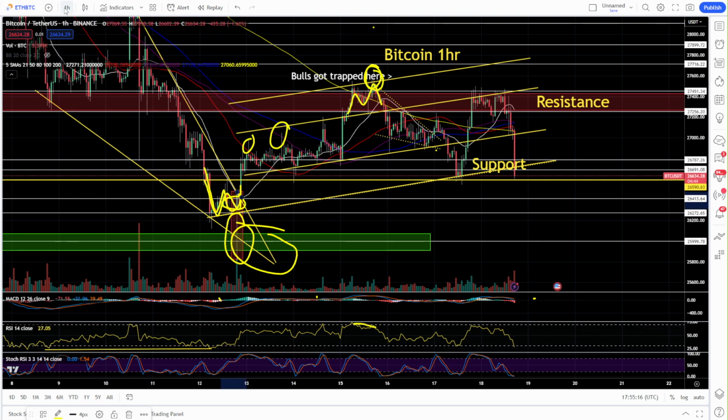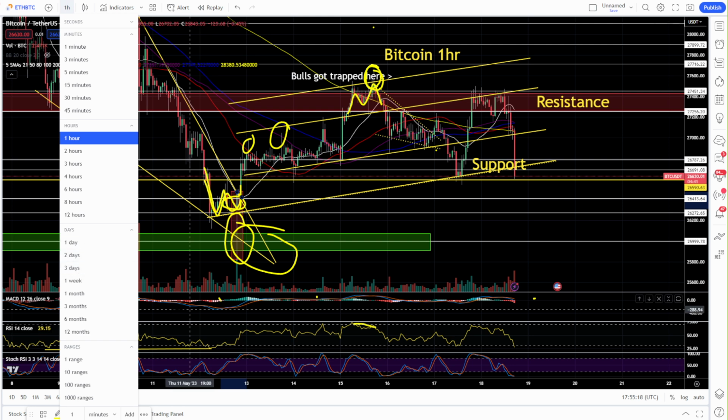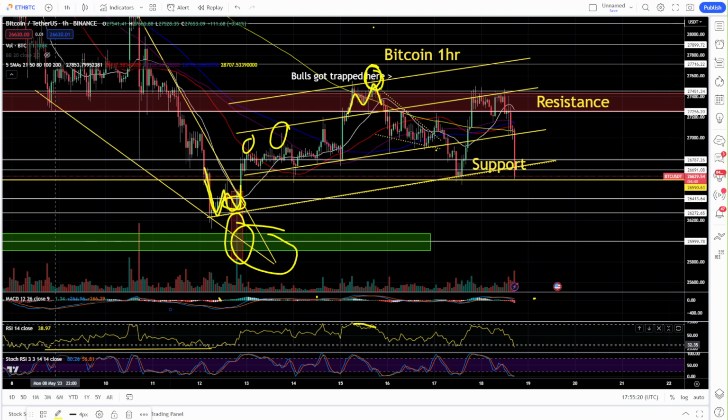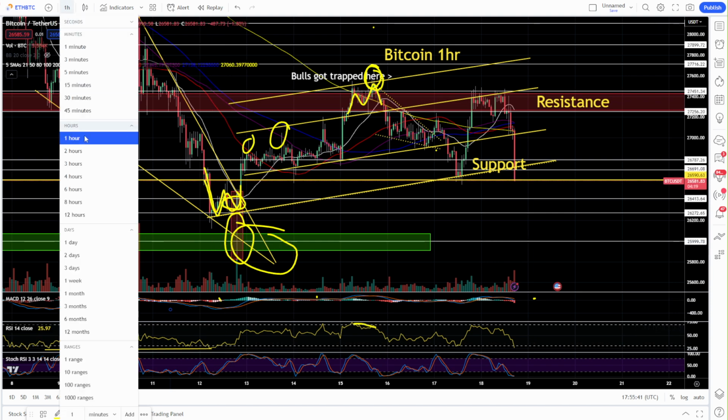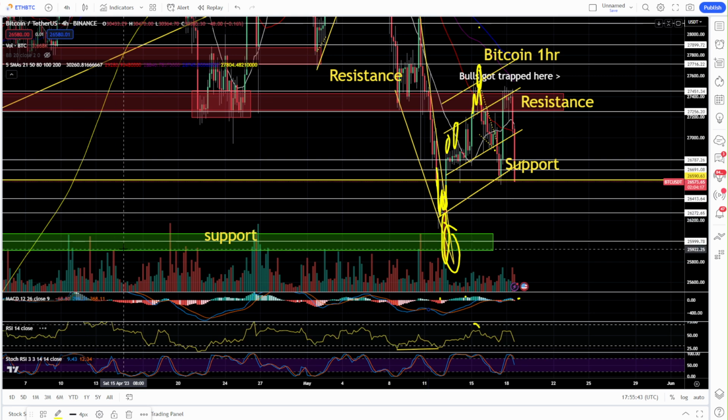If you go to the 4-hour chart, you'll probably be able to see it better, but you see you got this low is this low, right? And then this low is slightly higher on the RSI than this low. Here, it's such a lower low. That's major bullish divergence. You go to 4-hour, let's see what it looks like.